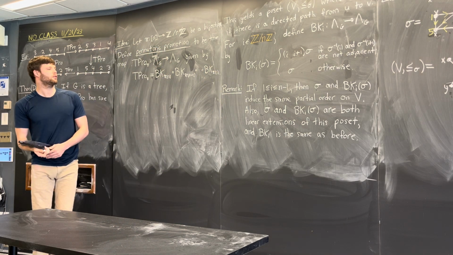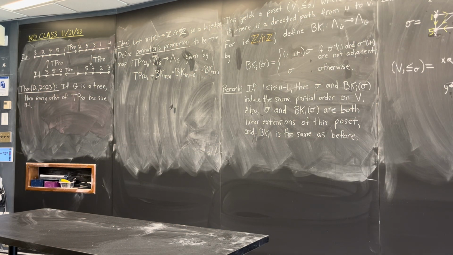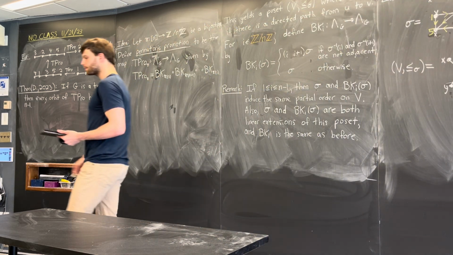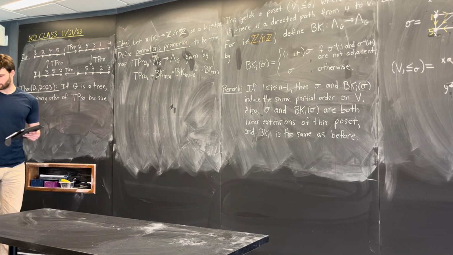So it's exactly the same thing, except I'm using pi to just permute the order of the Bender-Knuth involutions. I'll tell you a theorem about this in a second.